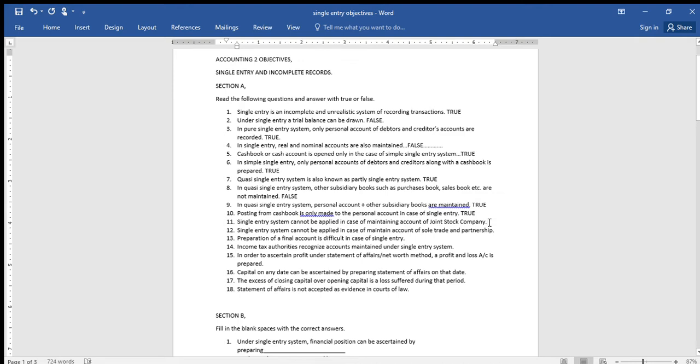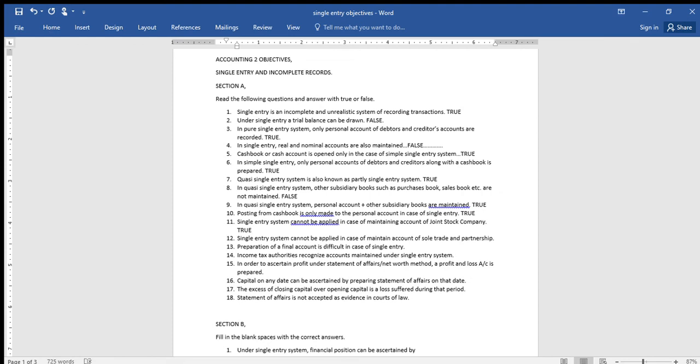Yeah, the answer is true because we do not apply it. Single entry mainly applies to sole proprietorship and partnership. It doesn't apply to companies. So single entry cannot be applied in case of maintaining those accounts.